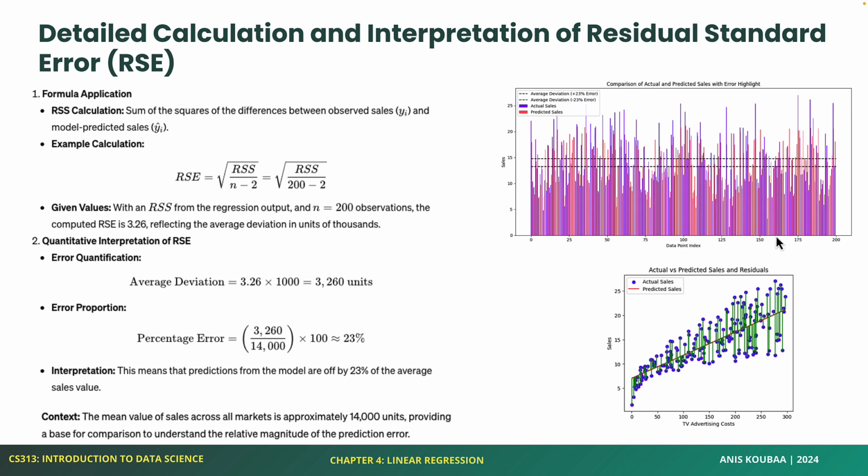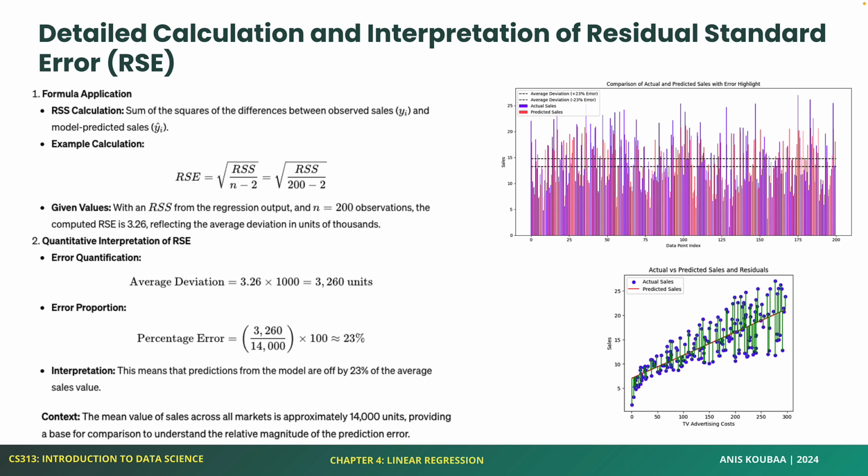So if you make a prediction here, on average you will be $3,000 plus or minus in the sales. For example, you spend a certain TV budget, and you find an estimation based on this regression line. The estimated error will be around $3,000 in the sales. It could be plus or minus that average.